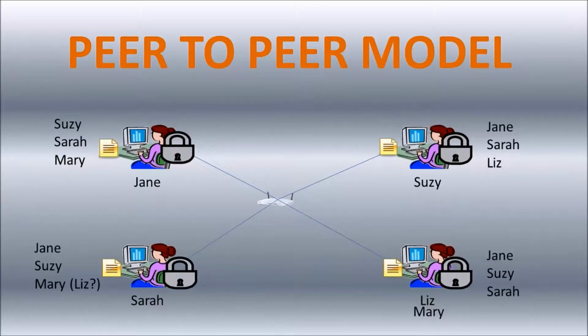So you end up with a lot of confusing information, people not being able to keep up with whose user account is where, and things like that. So we have a situation here where these people have outgrown the peer-to-peer network model, and they need something better, a better solution. Well, let's look at one.